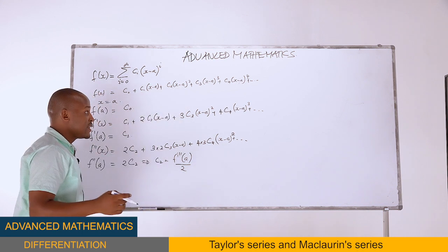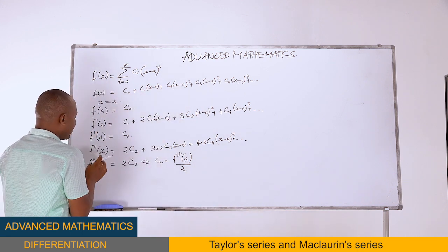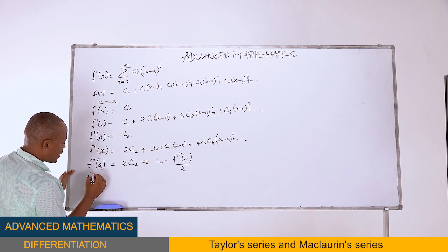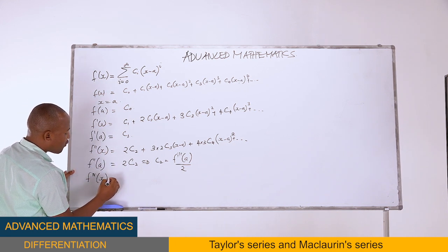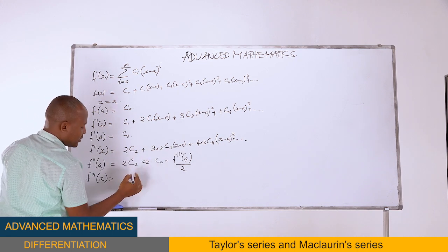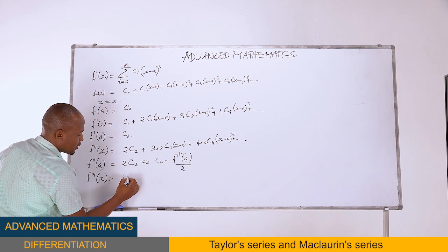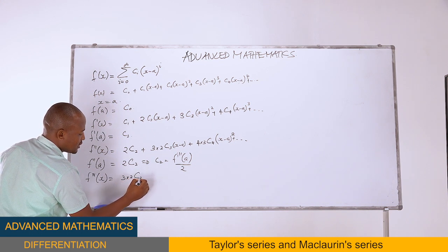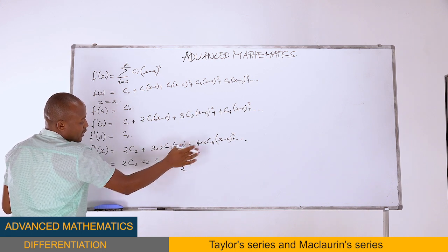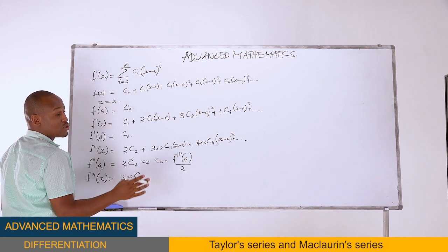Let's check if we can obtain the value of the third constant. Now we go back there and we differentiate again to the third derivative. That is to say, the third derivative of the function of x. The constant will go, and that one will be 3 times 2 c sub 3. Remember, this one is a variable raised to 1, and when differentiated it equals 1.